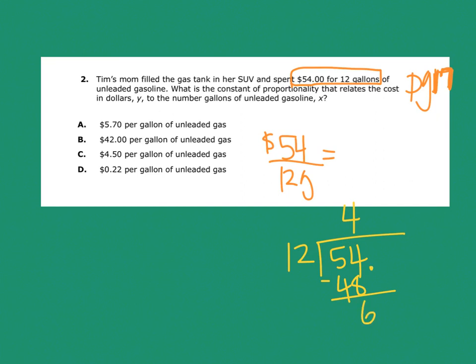I have a remainder of 6, but that's not how the answer is represented, so I would add a 0 and a decimal. When I divide 12 into 60, that goes 5 times, with 0 remainder. So my answer would be $4.50 per gallon.